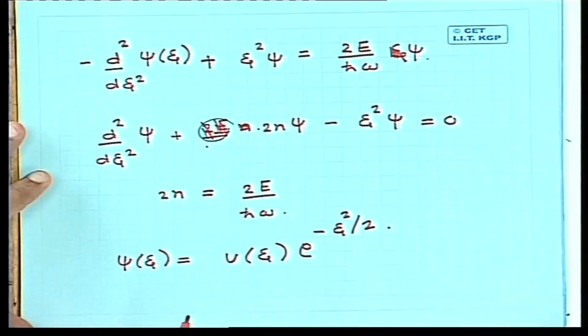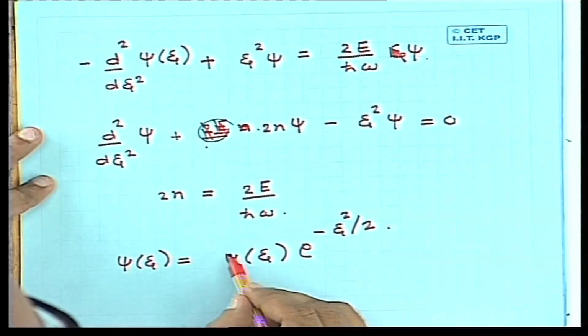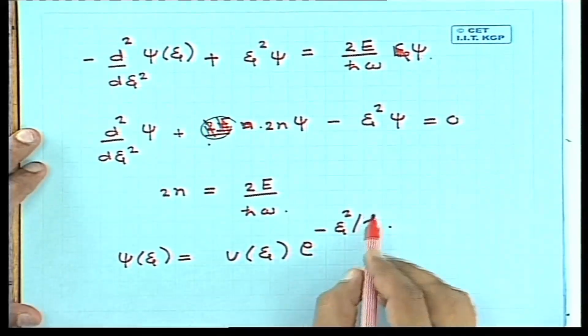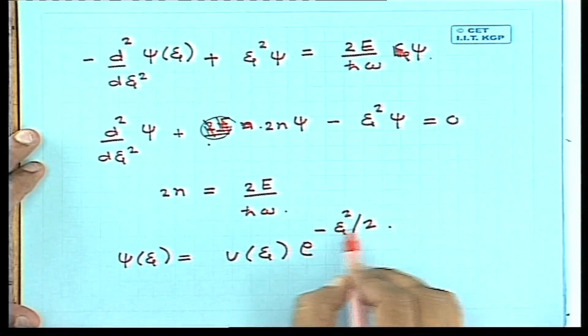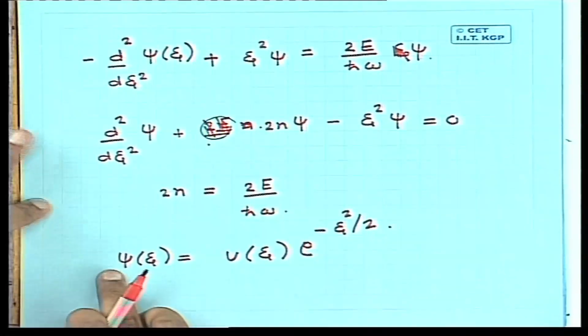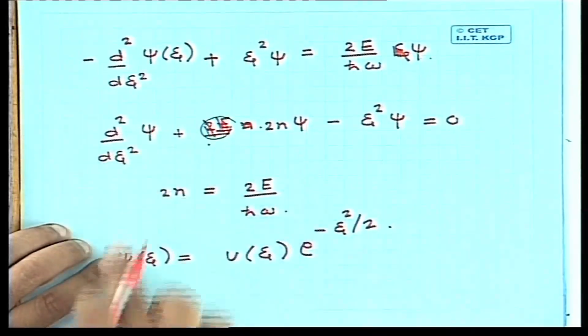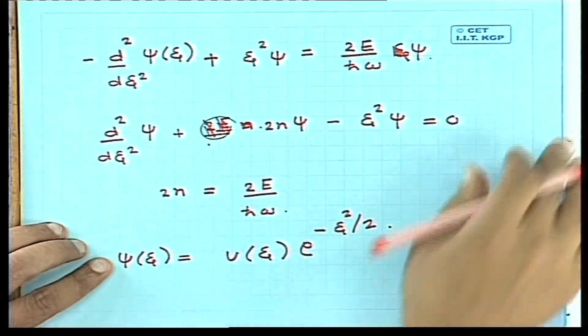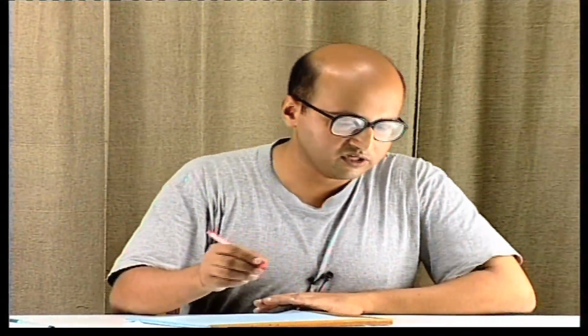So we will express this solution psi which we are looking for in terms of some function v of xi into a Gaussian e to the power minus xi square by 2. So let us now work out the derivatives of this function in terms of the derivatives of this and this, and then plug them into the Schrodinger equation.